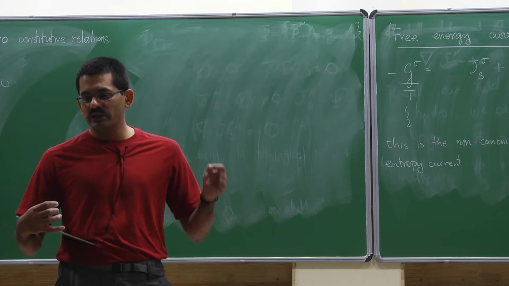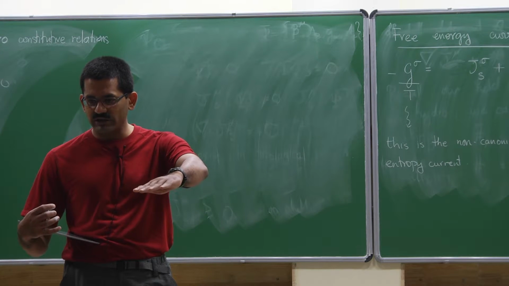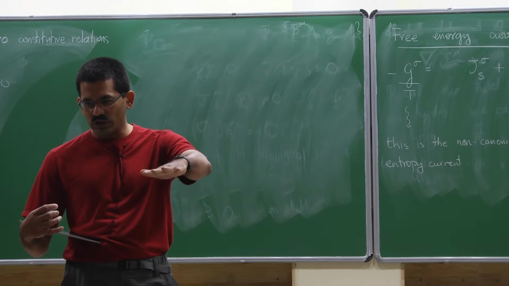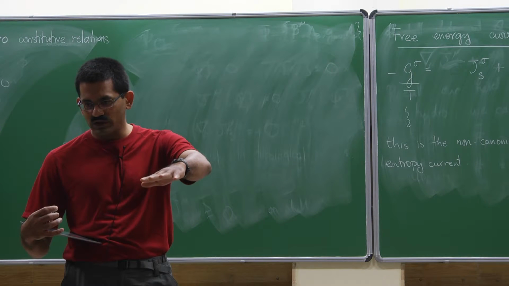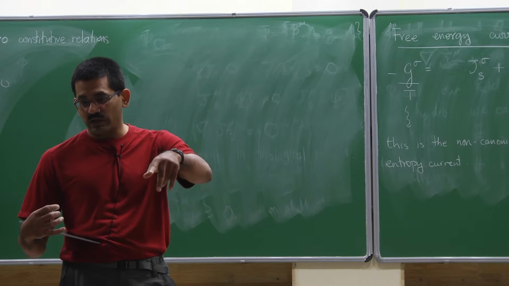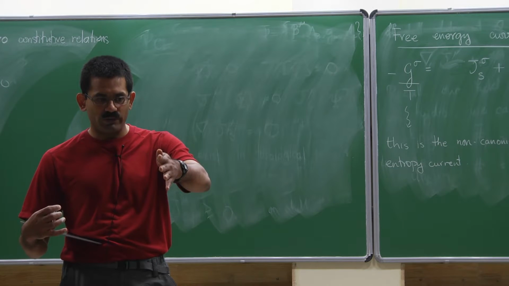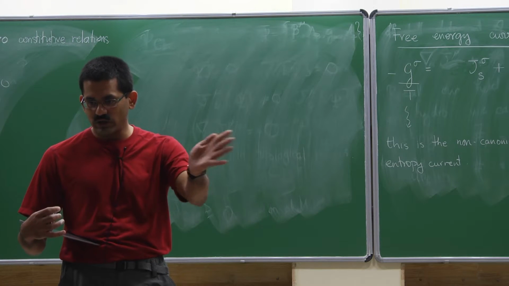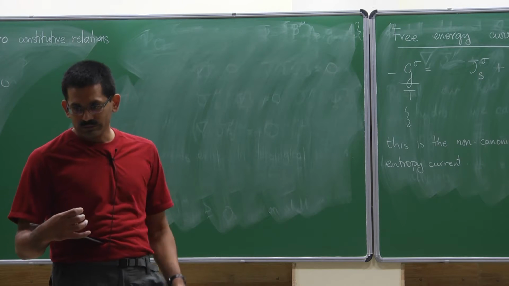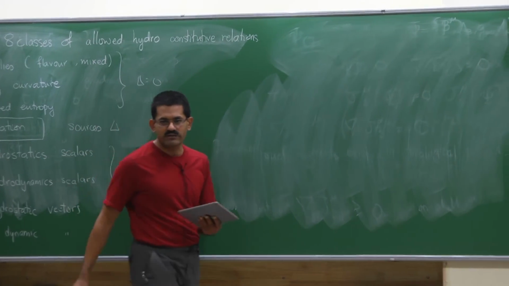So if it's non-abelian, then basically what happens is, if you have a non-abelian flavor transformation, at every local domain where the fluid is in local equilibrium, you can go to the Cartan basis, and you can assign chemical potentials along the Cartan. But as you go from domain to domain, you can rotate the Cartan. So mu takes values appropriately. So everything has to be gauge covariantized.